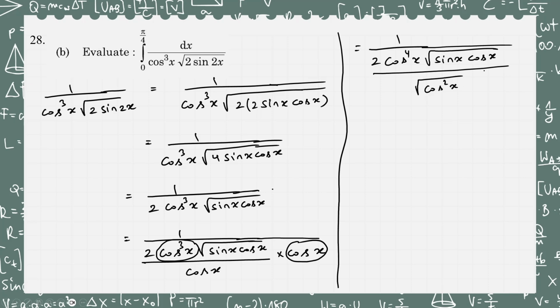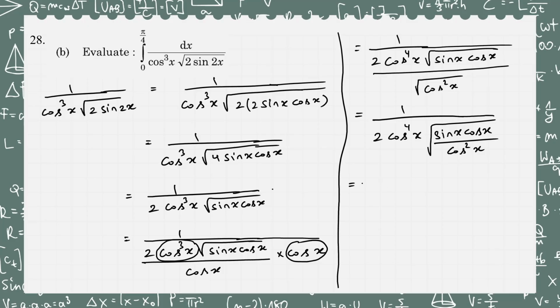because root cos square is cos. So this will be 1 by 2 cos power 4x. These two root values we can combine together: root of sin x cos x divided by cos square x. And one of the cos values will cancel. So we get 1 by 2 cos power 4x into root of sin by cos, which will be tan x.